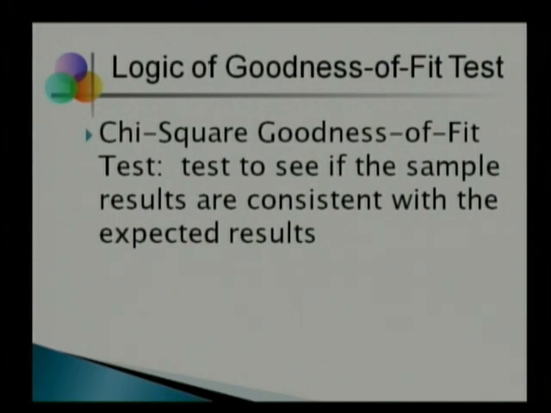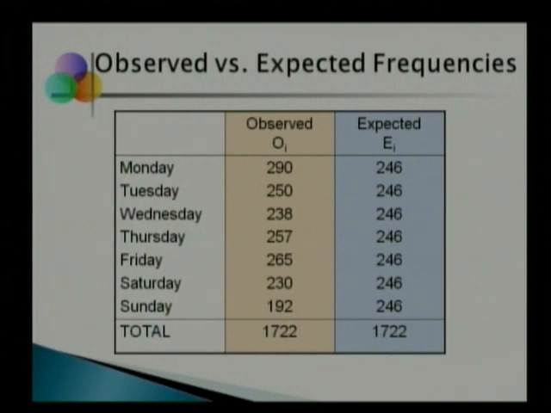Here the first column is the days of the week, the second column is the observed frequencies, whatever data we have collected about the number of calls, and the third column is the expected frequency. Under the null hypothesis all 1722 calls are uniformly distributed, so the expected frequency is the same for all 7 days, that is 246.